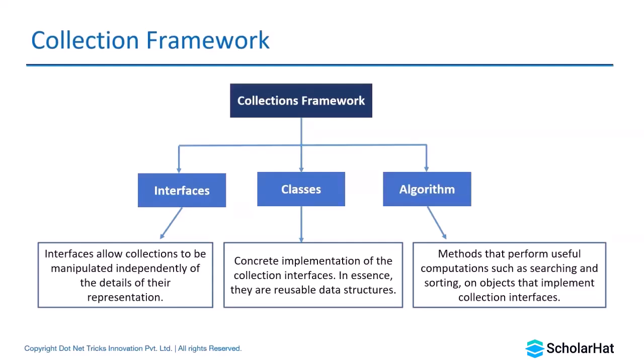The collection framework contains different interfaces, classes and algorithms that allow the data to be manipulated depending upon user requirements, like adding objects into the collection, updating them, removing them, and checking whether they exist in the collection or not.